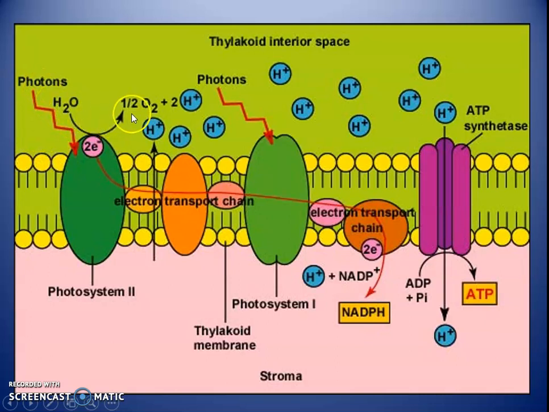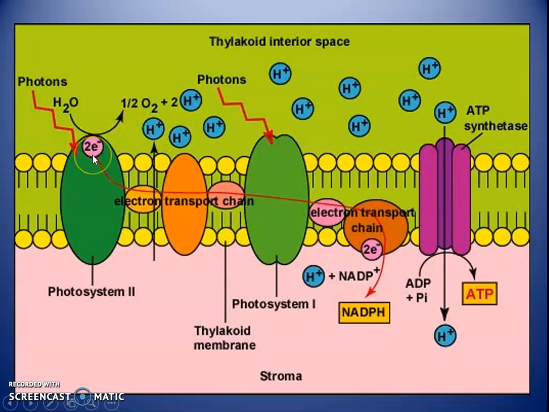And what we're getting is some oxygen. For every molecule of water that gets broken up, we get 1/2 of an O2 molecule. So for every 2 water molecules, we get 1 O2 molecule. And for every water molecule, we get 2 protons or hydrogen nuclei, and we get 2 electrons.